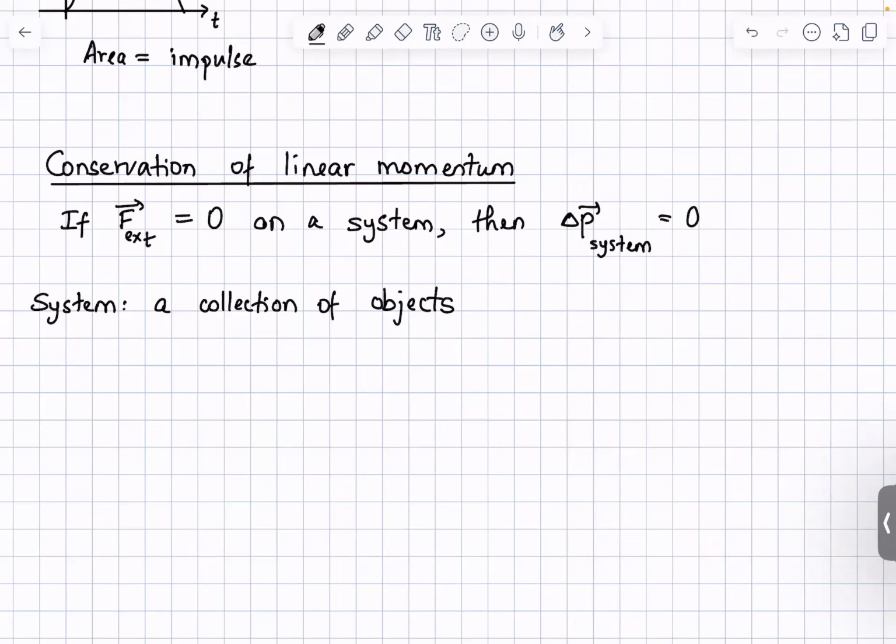Or if we are considering the entire solar system, then the solar system is a system, meaning there are multiple objects which we are considering as part of one group. So that group is called a system. Obviously we can consider one object to also be a system. It's not like there must be at least two. Even one object can be considered as a system.